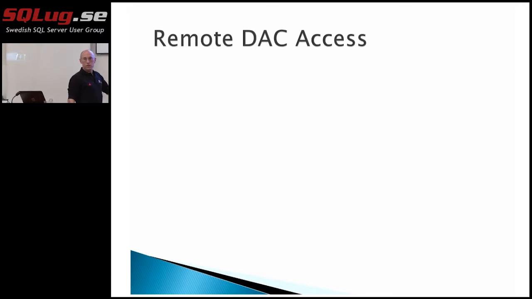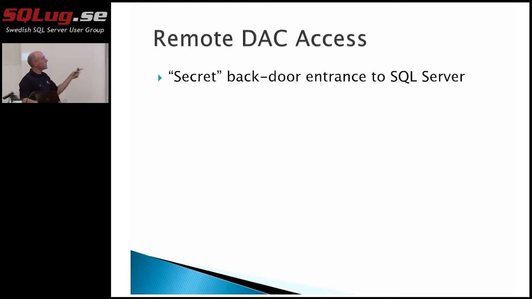Remote dedicated administrator connection. That's your back door. It's guaranteed a slice. And when the fit hits the shan, it's not the time we want to be pulling out books online going, how do I get into the dedicated admin connection? Because the server's locked out because somebody ate all the connections. That hibernate thing got out of control. You want to set it up.